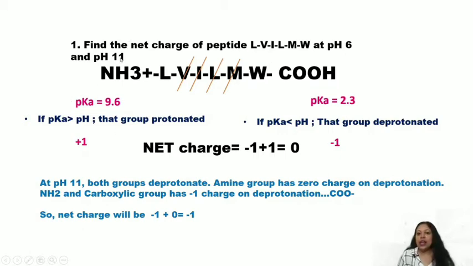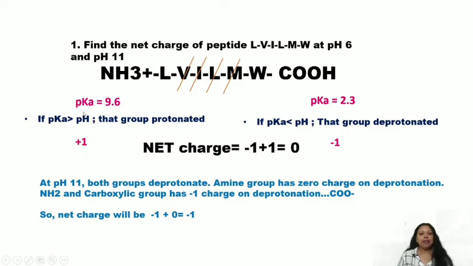So pH 11 is greater than the pKa of COOH, which means the COOH group will lose its proton and it will have a -1 charge. Correct? The amine group has a pKa of 9.6. 9.6 is less than pH 11. Okay, so pKa greater than pH means protonated.